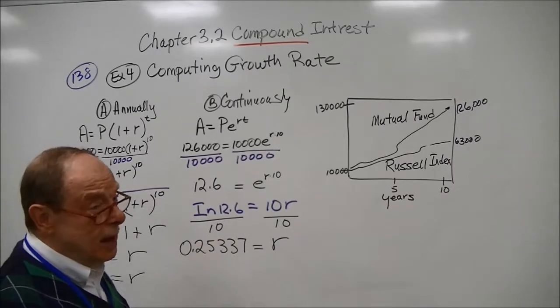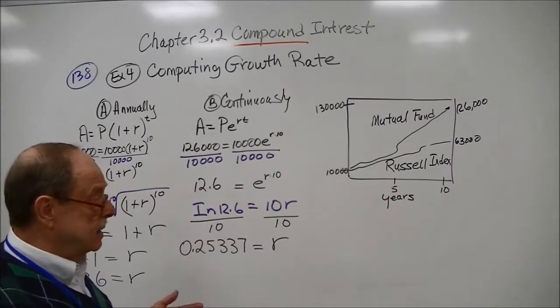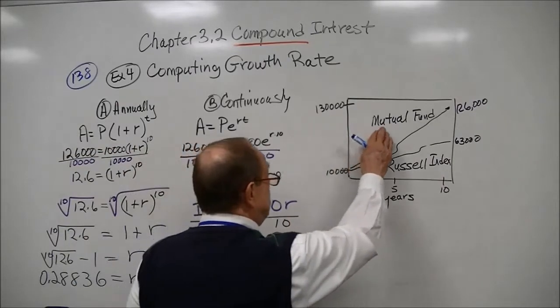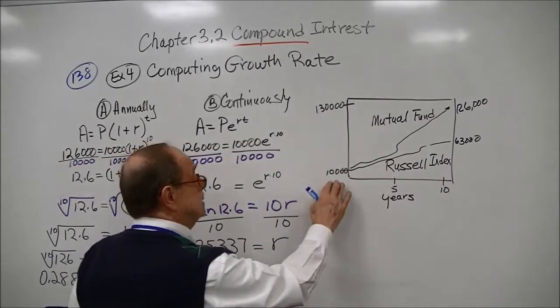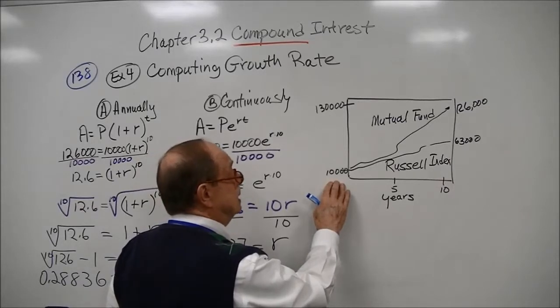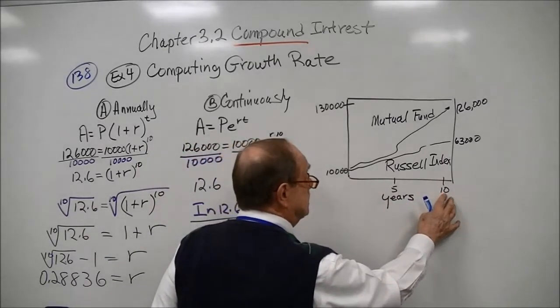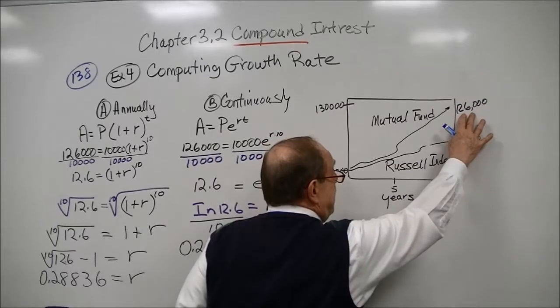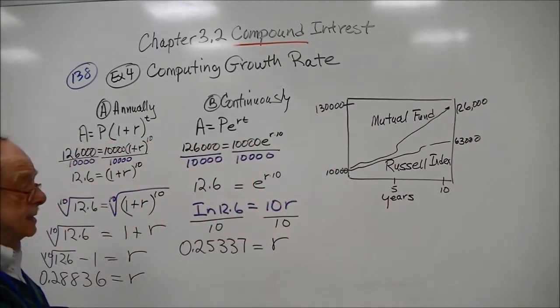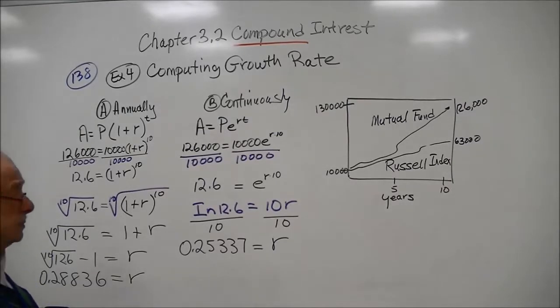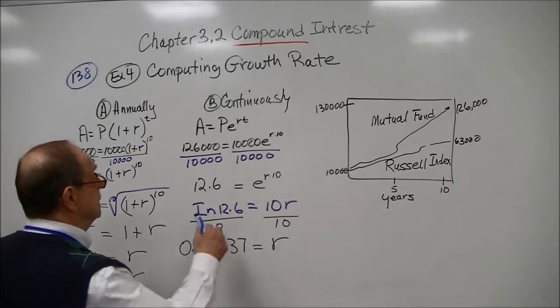They'll even do bonds sometimes. And there's lots of different kinds of mutual funds. And this one had an initial investment of $10,000, and in 10 years, the stock was worth $126,000. Wow.